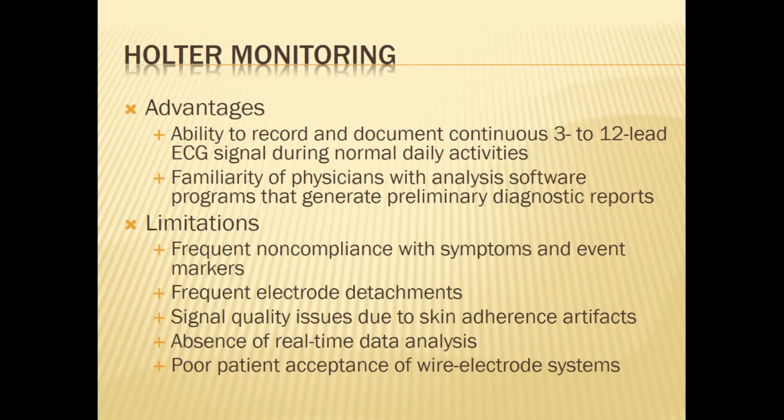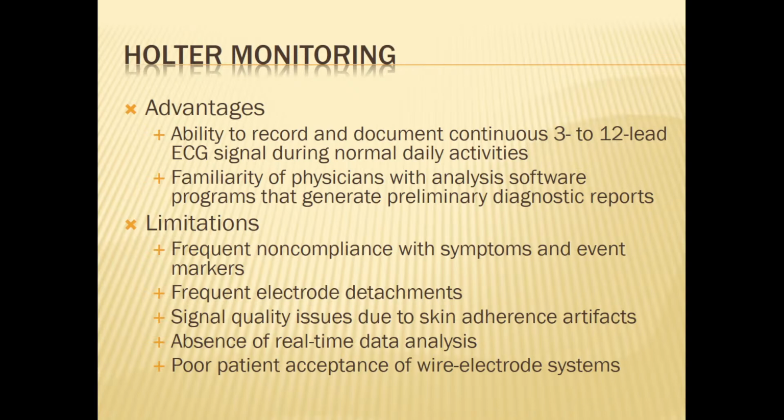To analyze these long-lasting ECG records, we need software, and the computer always helps the doctor not to miss some arrhythmias, but there has to be interaction between the doctor and the computer program, because the program sometimes makes mistakes and the doctor has to control the result of the computer analysis.